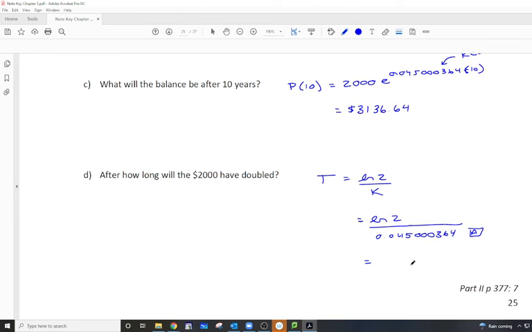So I'm going to type in ln 2 divided by recall A equals, and I get 15.4 years. All right, I only gave you one question to practice in this because it's very similar to population growth, but it is a good idea to practice.